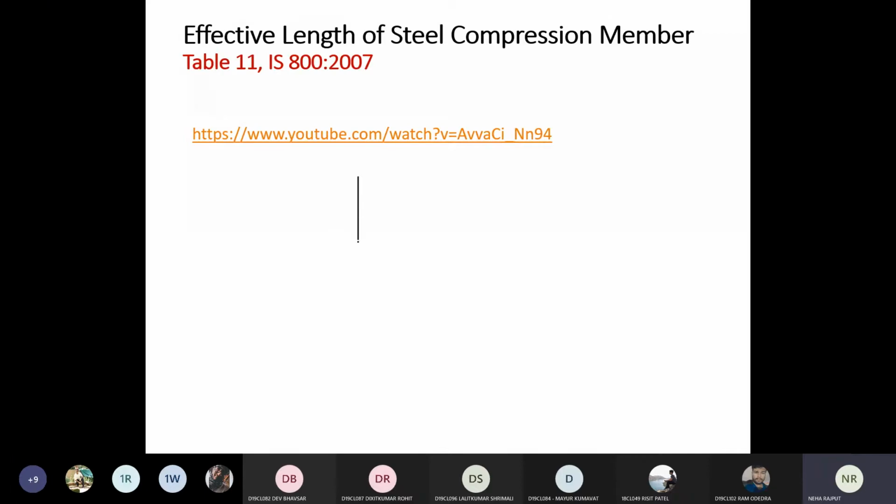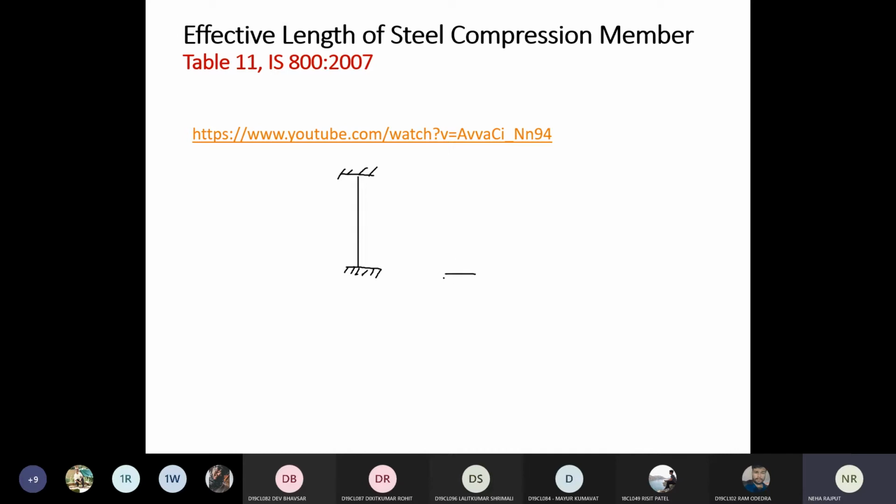If this is my vertical column, and if this vertical column is supported by fixed supports on both sides, then what could be the effective length of the column to be considered for the analysis and for the design. So this slide you have studied, used in your analysis part, and you will use in the design part also.